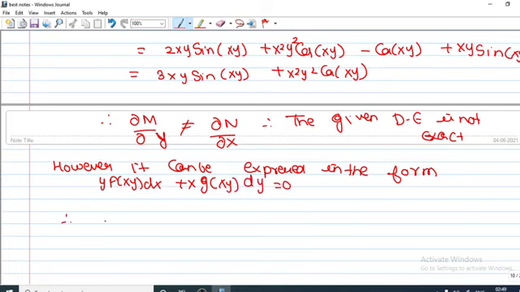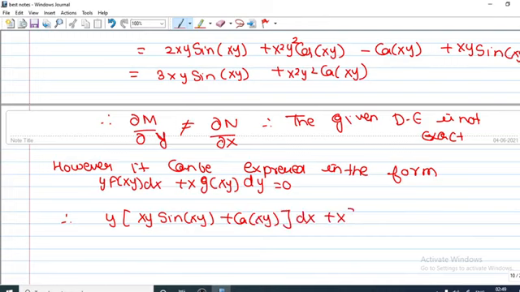Therefore let's write it in this format. What will it be in this format? y (xy sin xy plus cos xy) dx plus x (xy sin xy minus cos xy) dy equal to 0.